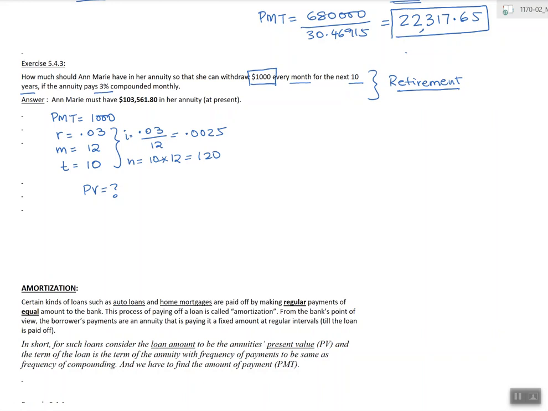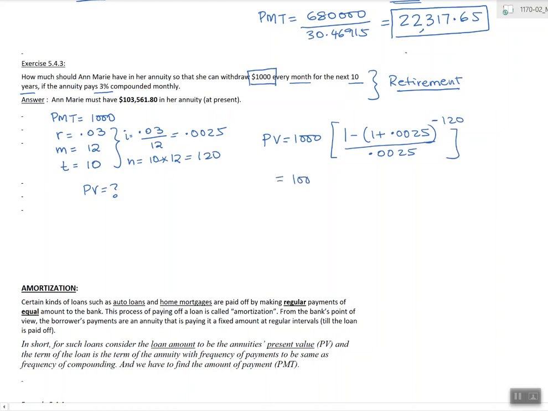So substituting in our formula, we get PV is equal to 1000 times 1 minus 1 plus 0.0025 raised to the power negative 120 divided by 0.0025. And again, the usual routine, when you do the arithmetic for the rest of it, you're going to get 103.56175.